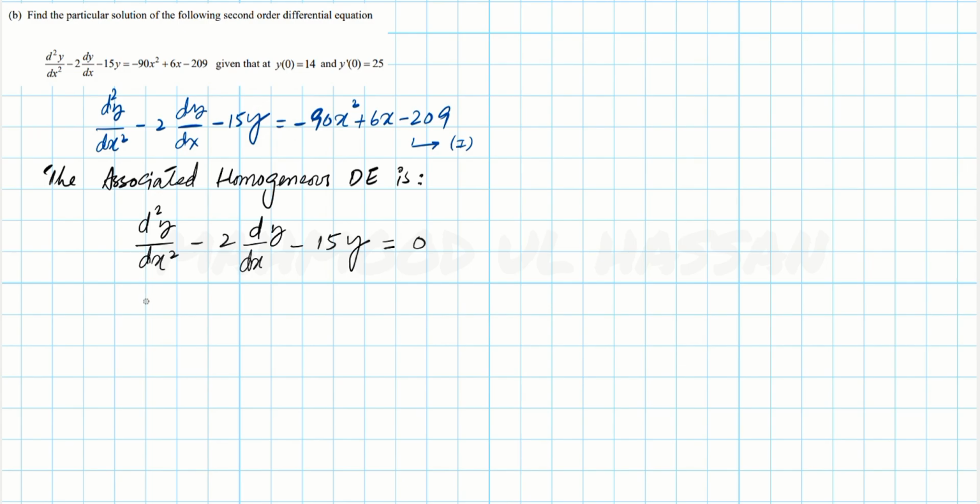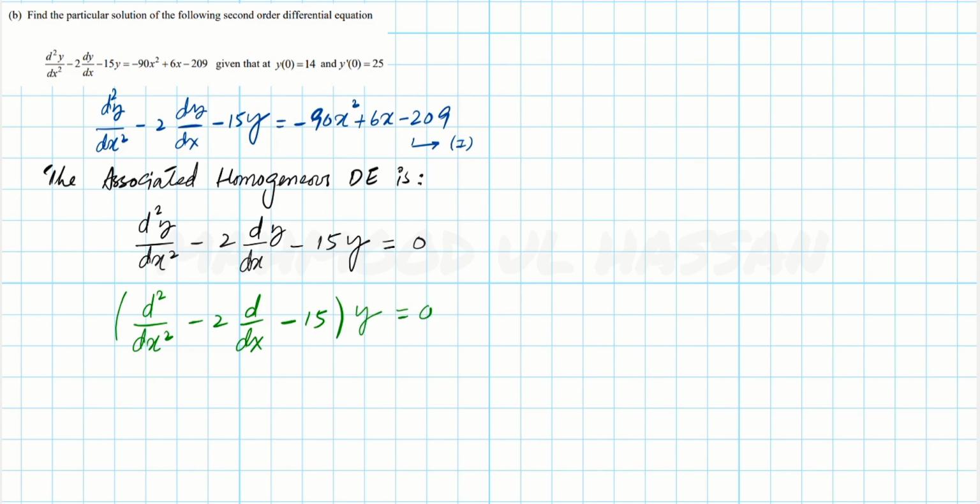Here I can take y as a common factor, so it becomes d squared over dx squared minus 2 d over dx minus 15, times y, equals 0.